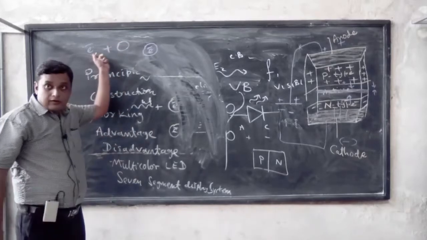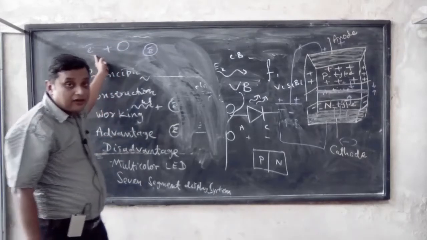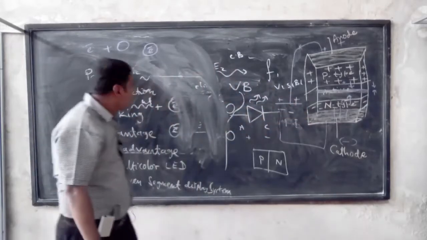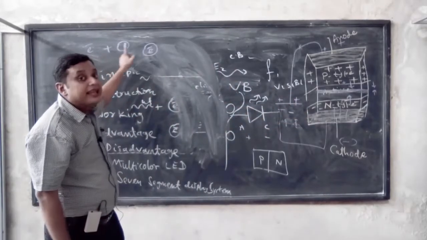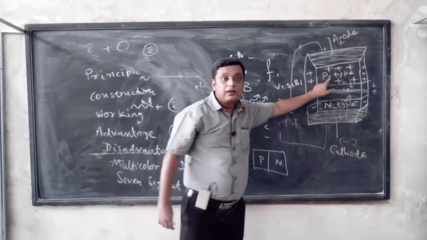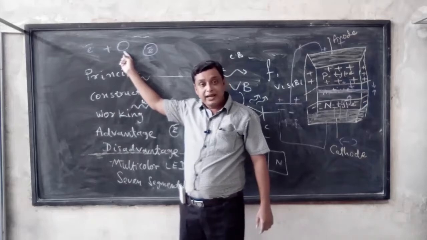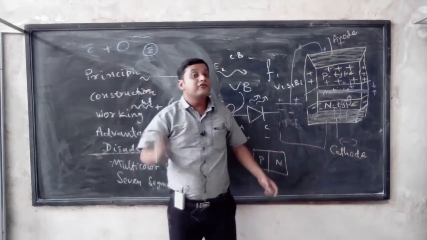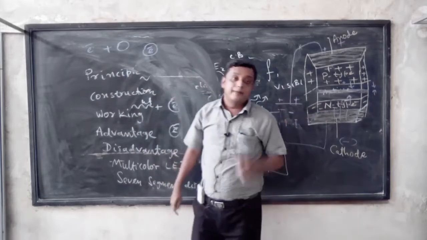These are the electrons which are available in the n-type region, and these electrons are making a recombination with these holes, which were available in the p-type semiconducting material.